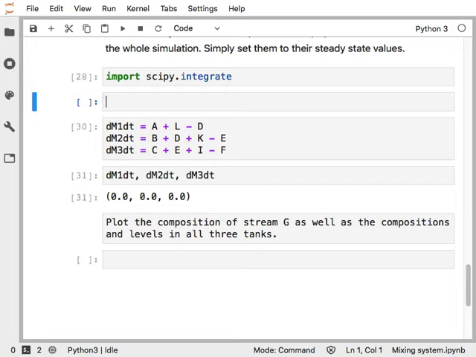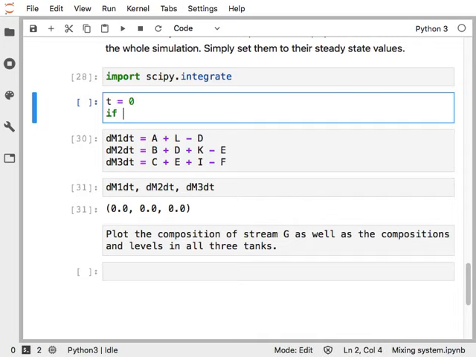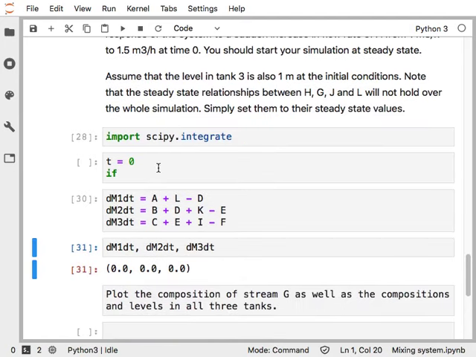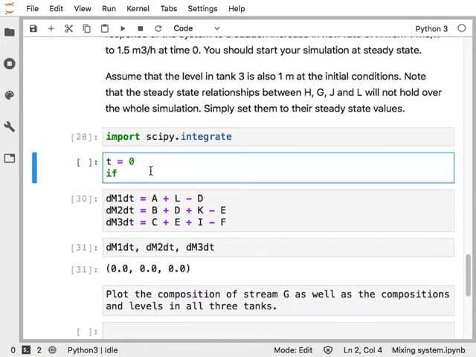Now I know that up front here somewhere, and I'm just going to add this in here, A is a function of time in this simulation, right? So let's for now just say that time is equal to 0, and I can put in a very simple encoding of what this specification means: at time 0, A goes from 1 to 1.5 cubic meters per hour. So I'm just going to encode that in the most obvious way that I can.